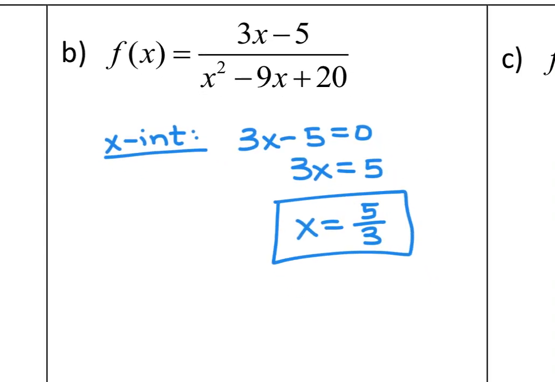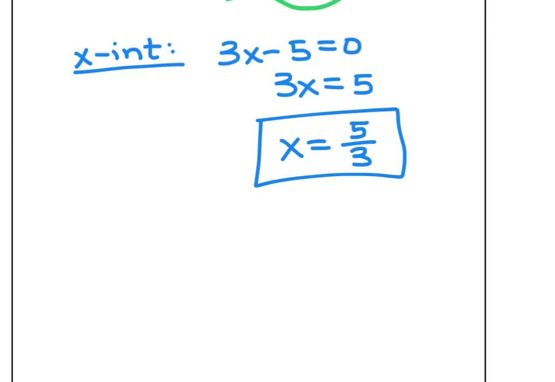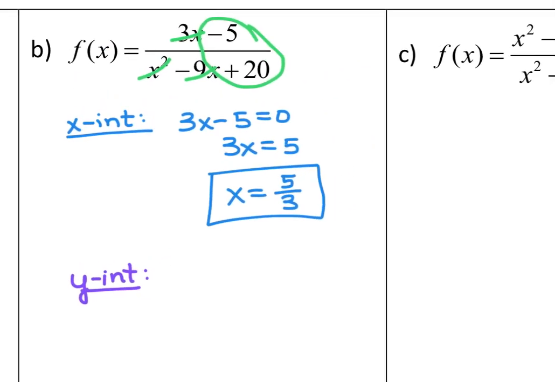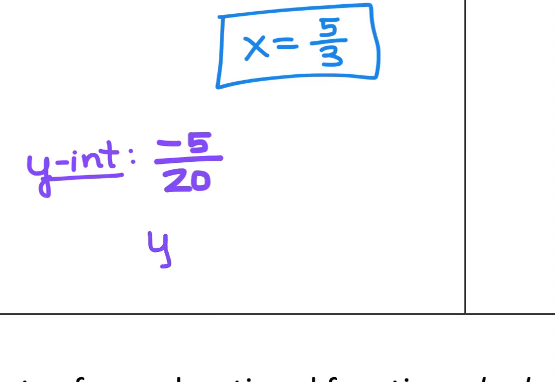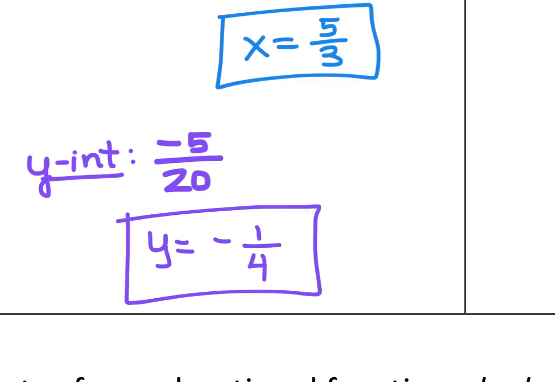And for the y-intercept, I would just ignore the terms that have x's in them and just look at the two constant terms. So your y-intercept is going to be that negative 5 over positive 20. And so my y-intercept is going to equal negative 1/4. Simplify the fraction.